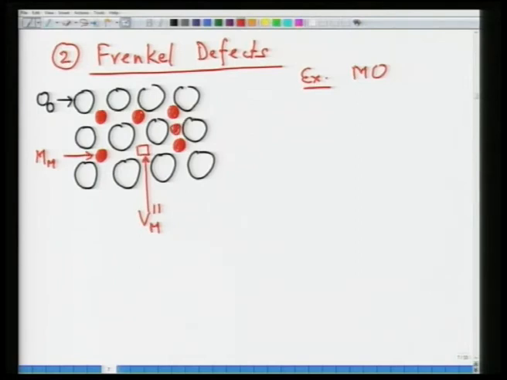So, this would be your metal interstitial, or Mi, and since it has plus 2 charges, it would be Mi dot dot.